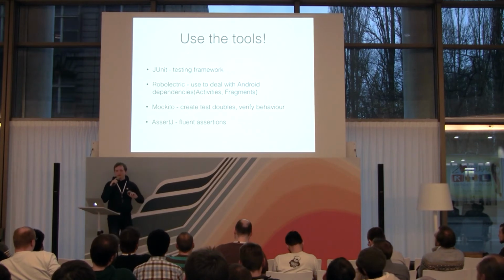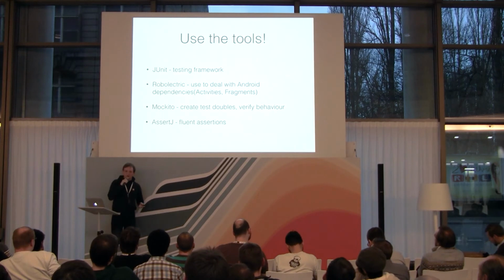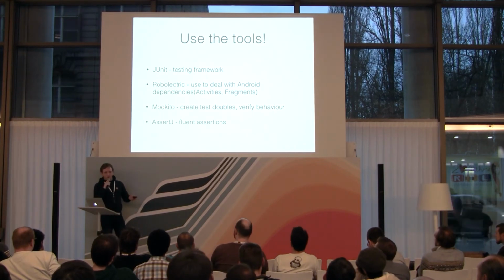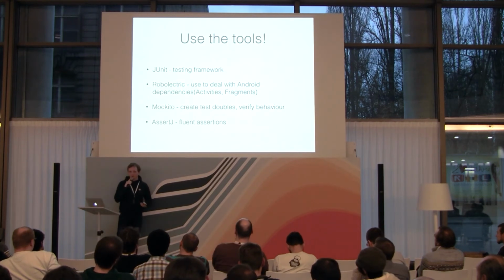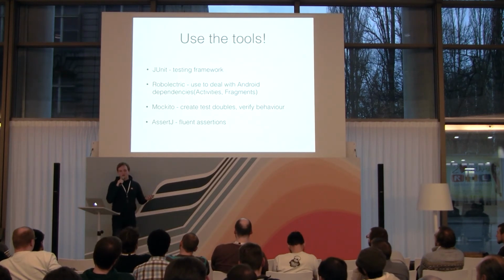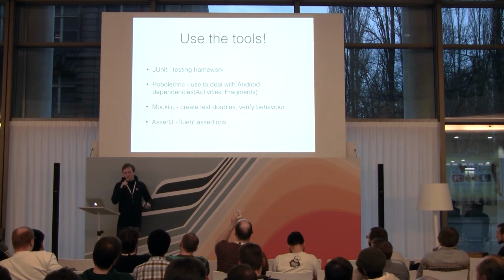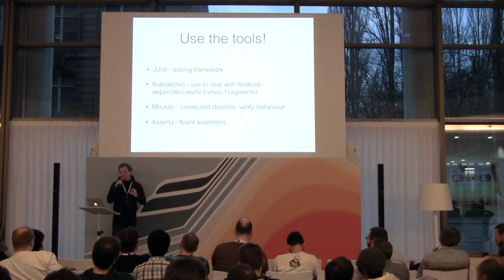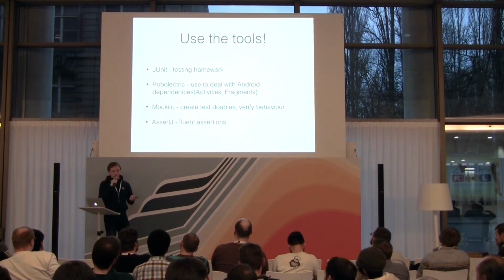But again, in Memorado, we try not to use Robolectric. First, Robolectric tests run much slower than plain JUnit tests. And again, we try to get rid of Android dependencies in our business logic. This means we use Robolectric just as a last resort.